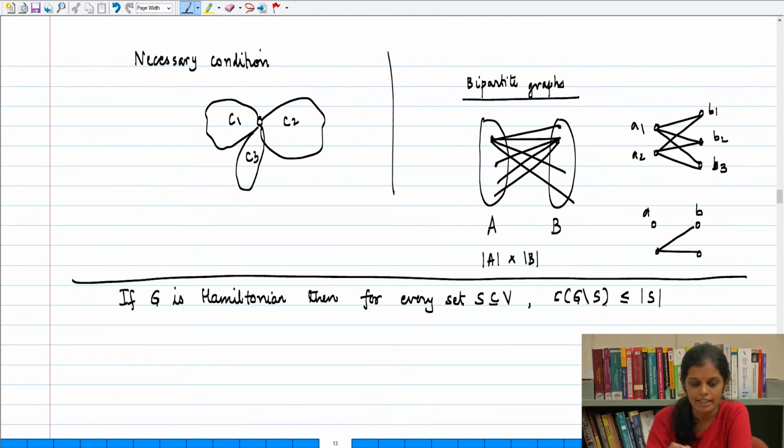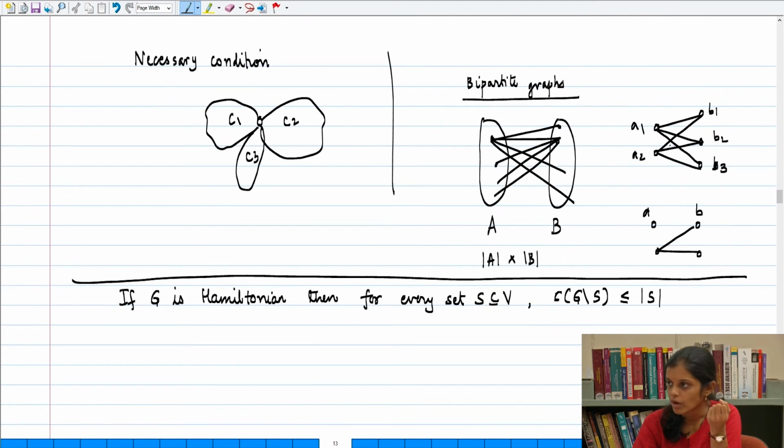So let us apply it in the first example. What it is saying is, if you remove one vertex, then the number of components that you get should be less than or equal to 1. That is, if you disconnect the graph, or even create two components, you can never hope to have a Hamiltonian cycle. This is what we intuitively agreed to begin with. What does it say again in the bipartite graph?